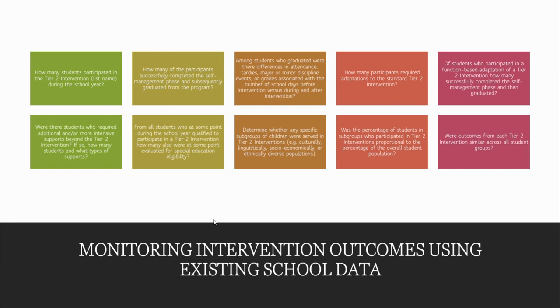Was the percentage of students in subgroups who participated in tier 2 interventions proportional to the percentage of the overall student population? Again, we're looking to ensure that there's no disproportionality in a particular subgroup being referred for tier 2 interventions. And then were the outcomes from each tier 2 intervention similar across all student groups? So were we having the same success amongst all of those subgroups that participated in these interventions?